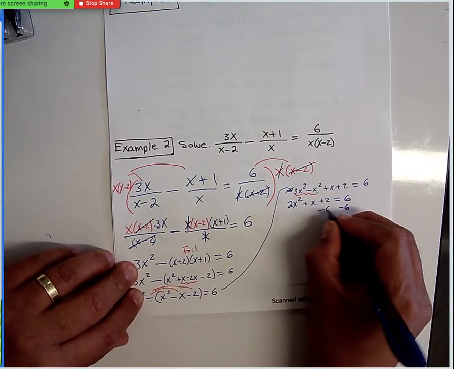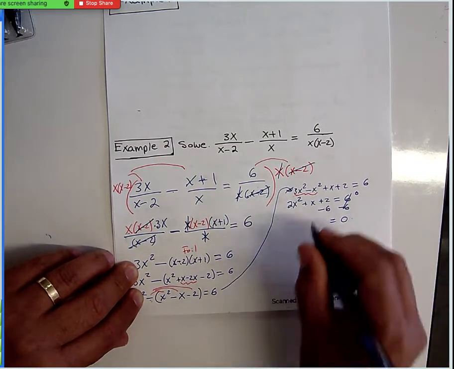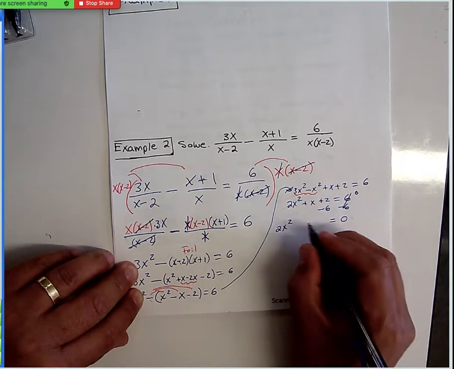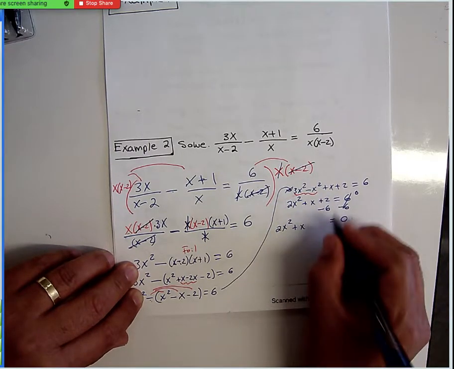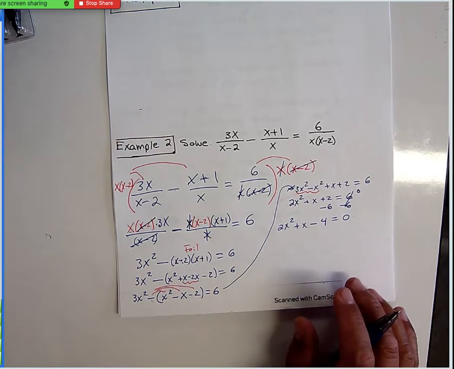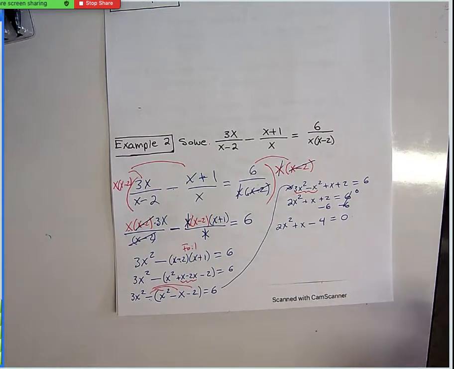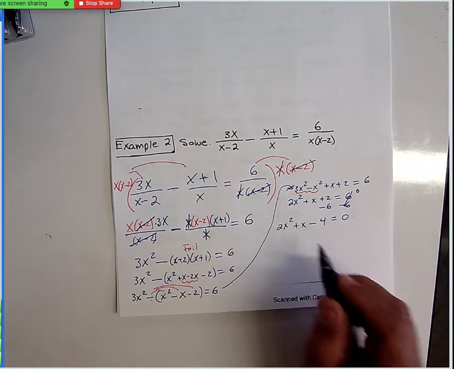Yes, sir. Thank you. So you need to leave it in this form where the 0 is on one side and then 2x squared plus x minus 4. This is where you would ask yourself, can I factor this? I would probably try to factor it, but I can tell you right now you won't be able to.